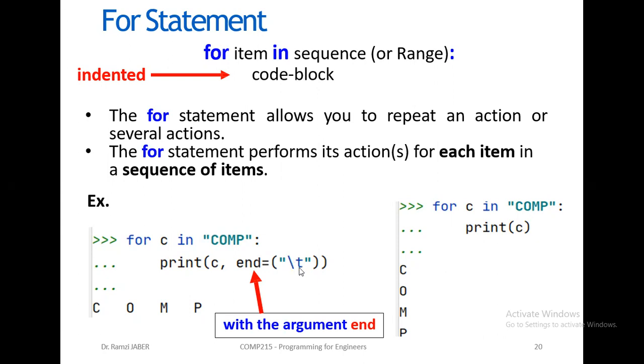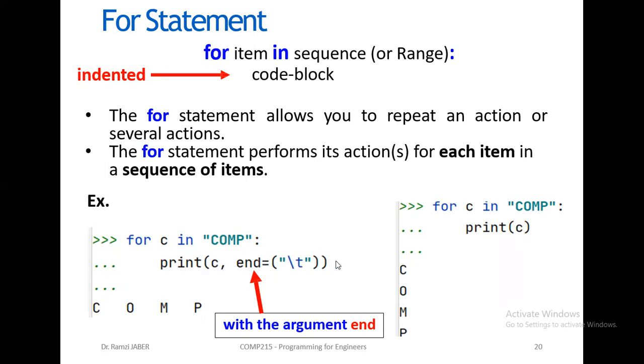Backslash n will be a new line, backslash t is 5 spaces, or a space, or two single quotes without a space so it becomes one word. But you must put end. So this is a new command, the end inside the print.